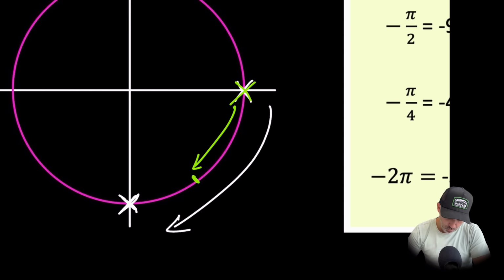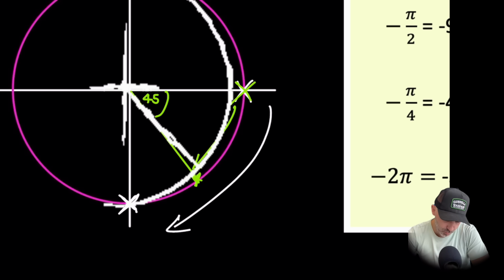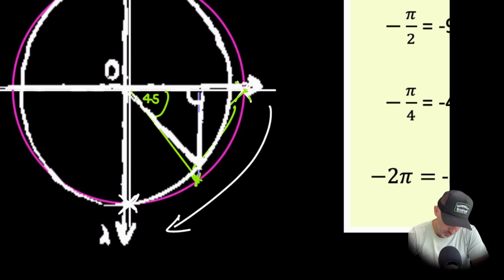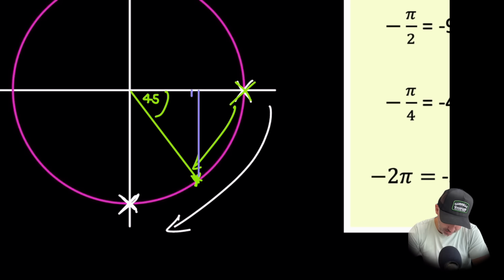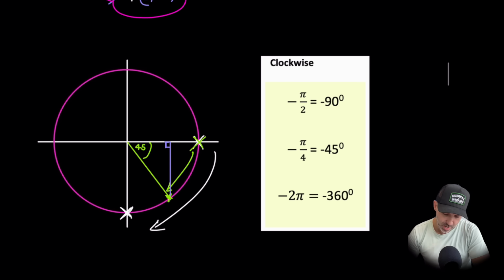Now, when we're at this point on the unit circle, we still have to draw a line connecting to the center, but this is 45 degrees in here now. And we would still need to draw a triangle that relates to the x-axis, where the right angle will be. We're going to talk all about how to solve those in just one moment. Okay, so that is the difference between clockwise and anti-clockwise when we're moving around the unit circle.